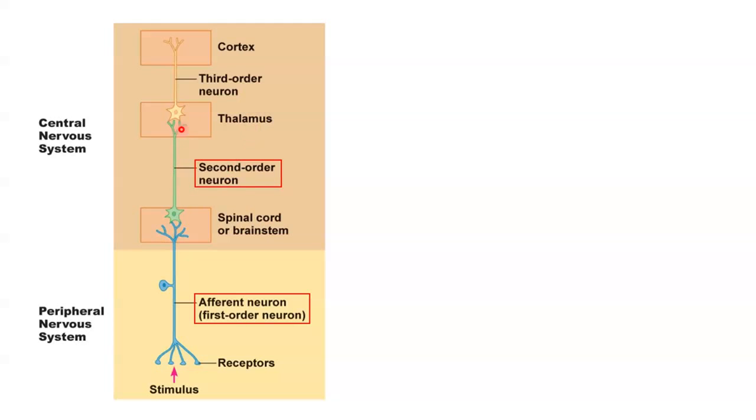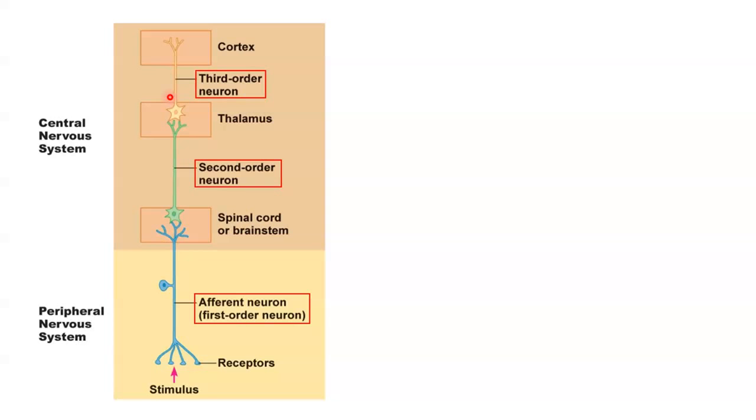So axons of our second order neurons decussate or cross over to reach the opposite side in the brainstem or the spinal cord before it reaches the thalamus. So it comes from one side of the body, goes up to the spinal cord or brainstem, it crosses to the other side, and then it synapses in the thalamus. This means that all of the sensory information from one side of the body actually reaches the other side of the brain.